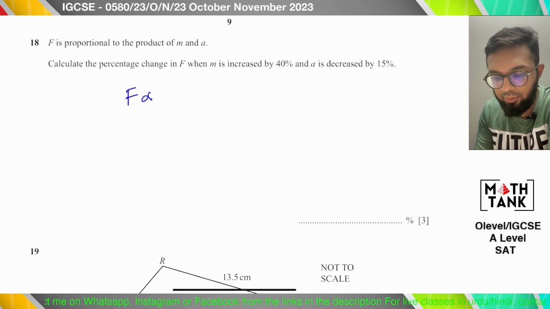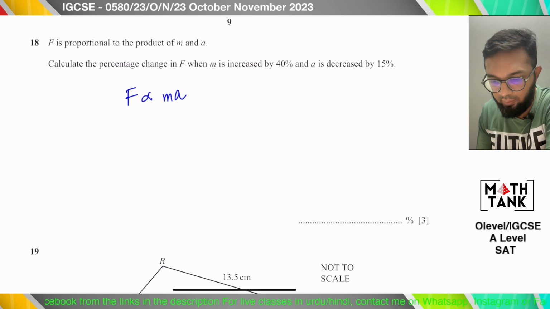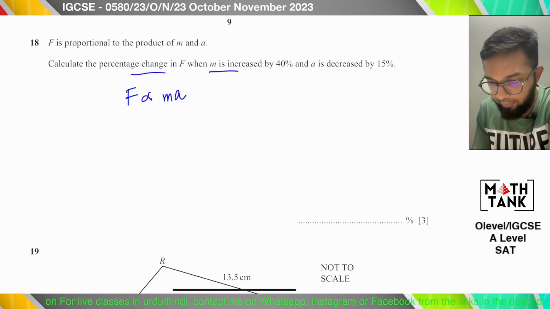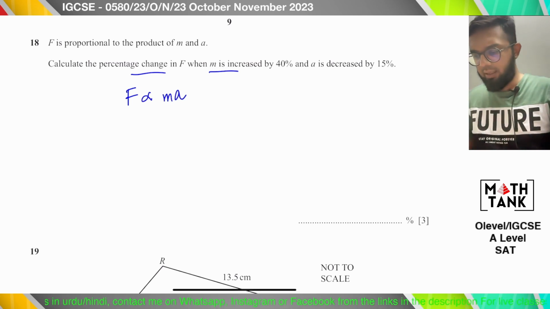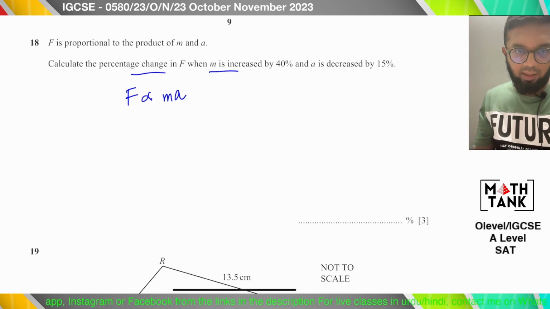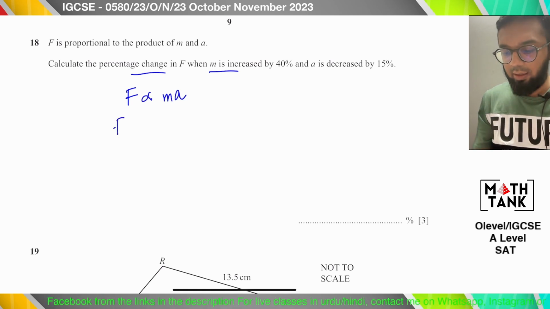F is proportional to the product of MA. Calculate the percentage change in F when M is increased by 40% and A is decreased by 15%. Okay, so F right now is kMA.